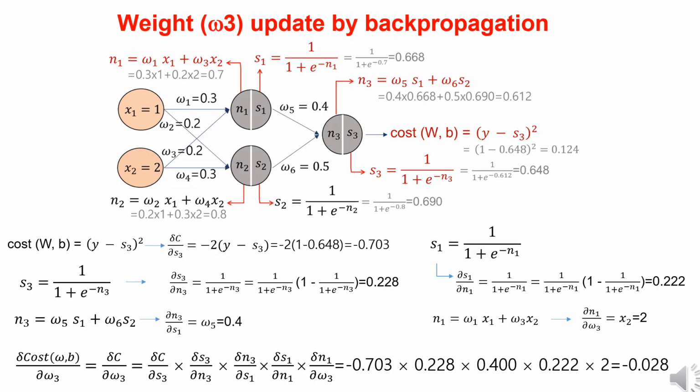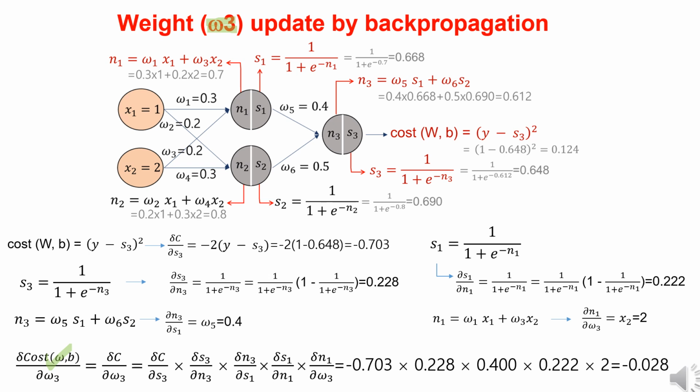In the same way, let's examine the process of updating the weight omega 3. The partial derivative of the cost function with respect to omega 3 can be calculated as the product of several partial derivatives based on the chain rule.